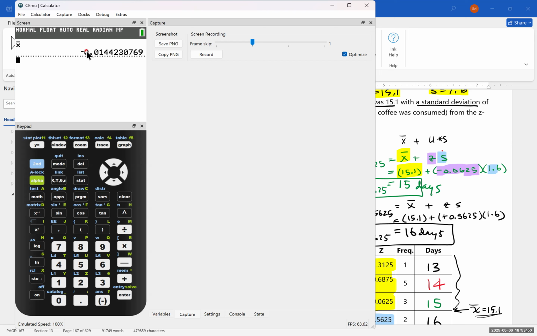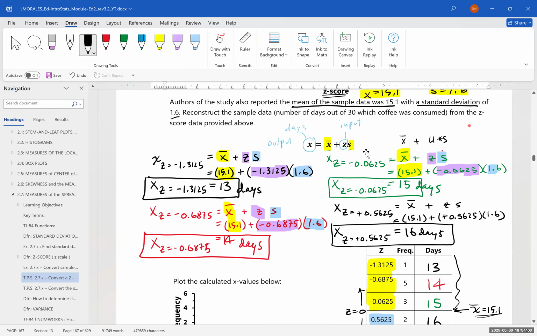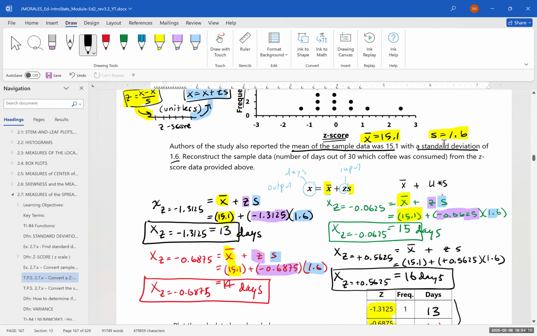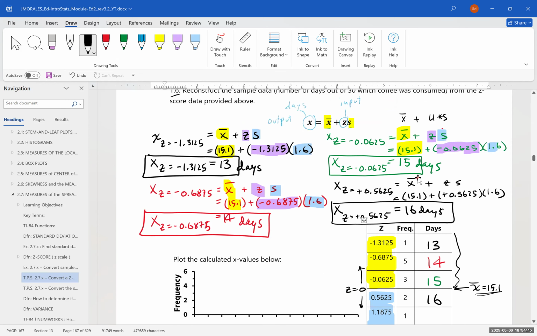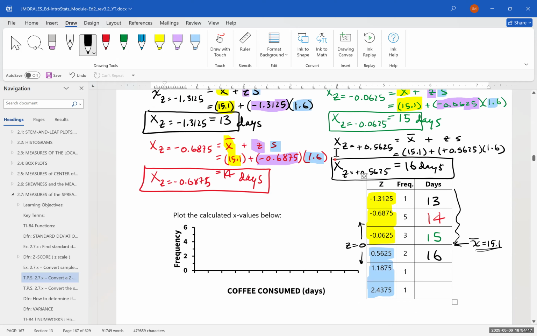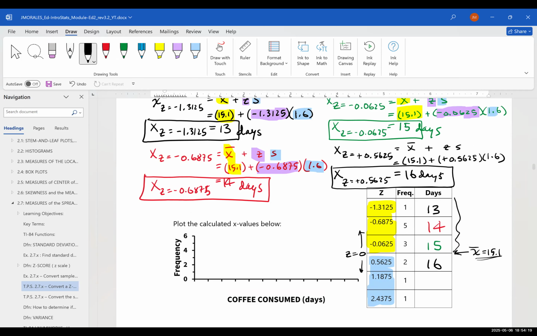This should have been, oh, it's not going to be 15.1. That's what I did wrong. We were told what the mean and standard deviation was. Okay, so oh my goodness. All right, so embarrassing.